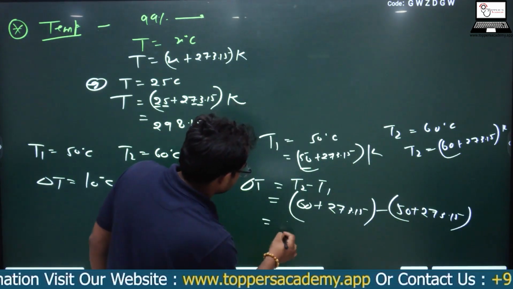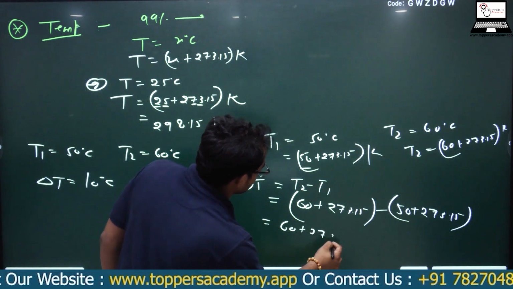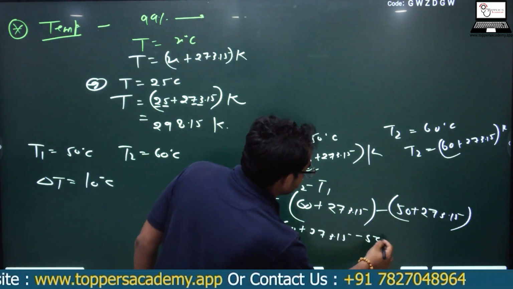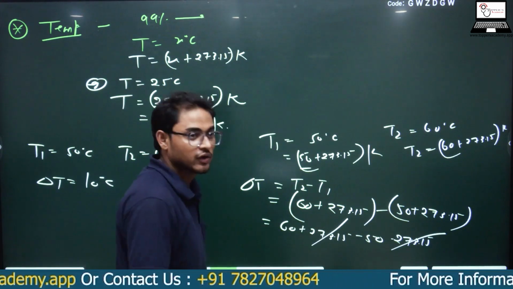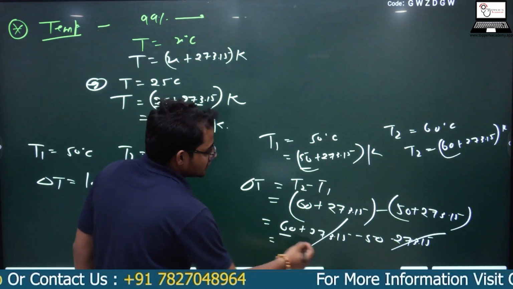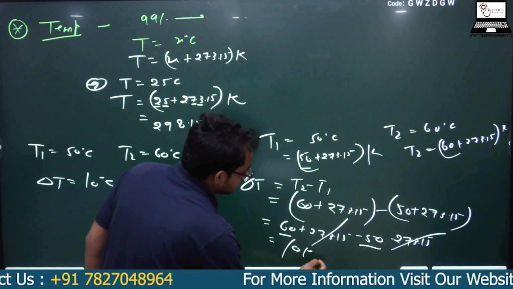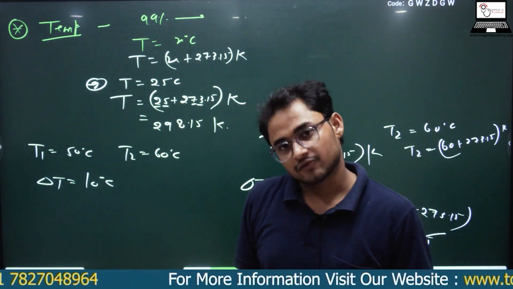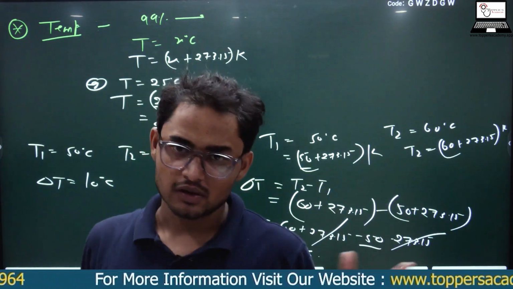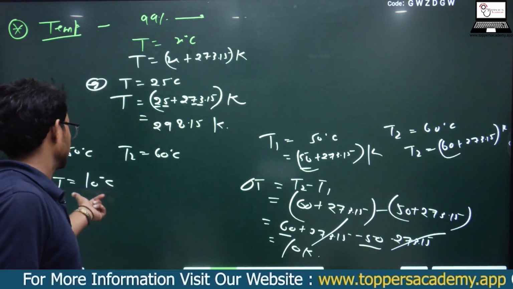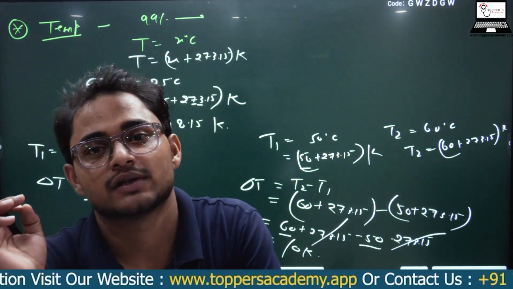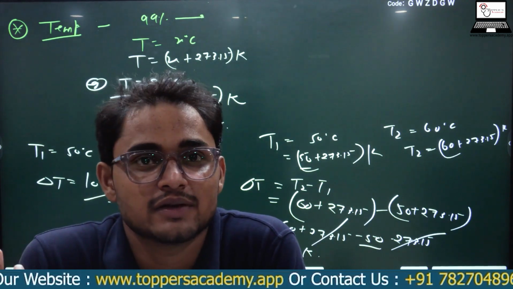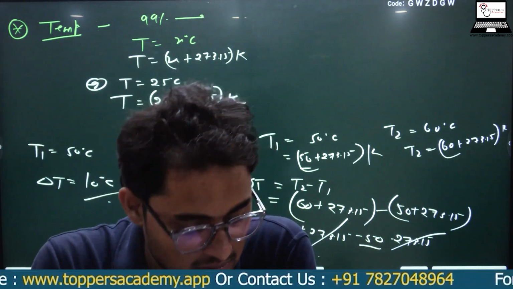Now you can see that, my dear student, 60 plus 273.15 minus 50 minus 273.15, the 273 plus and minus will be cancelled out. 60 minus 50 is obviously 10 Kelvin. Difference will be the same, 10 Kelvin, 10 degree Celsius. Because if you add 273 you add it to both, so there is no effect. When subtracted it will cancel out.